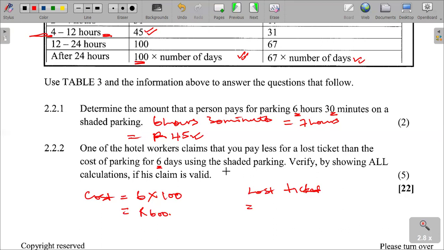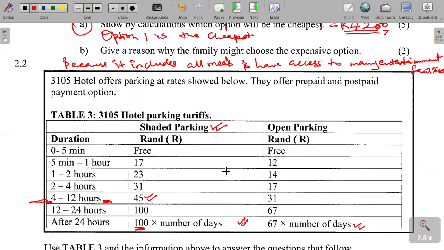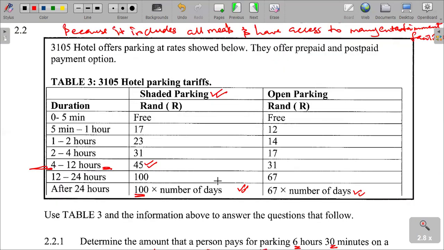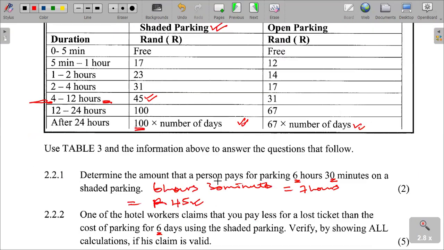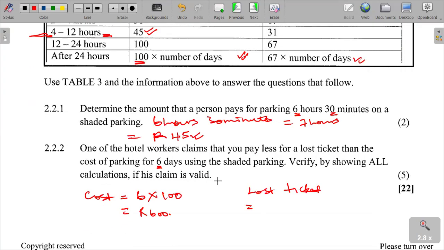So when you lose your ticket, the lost ticket is how much? It is 500 rand.